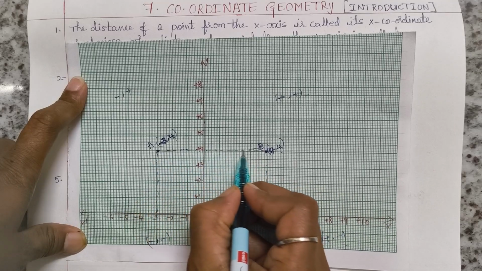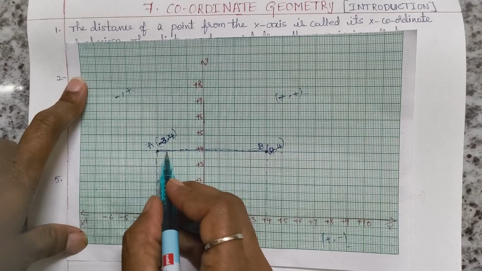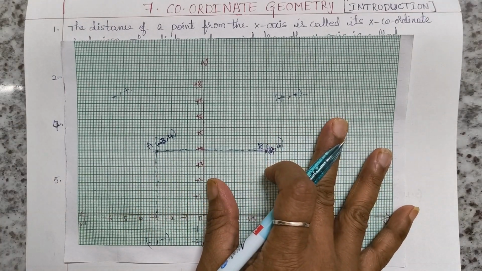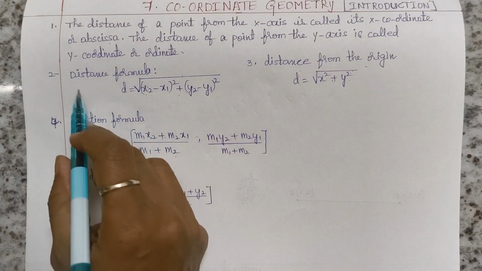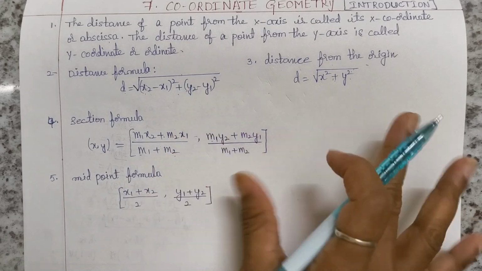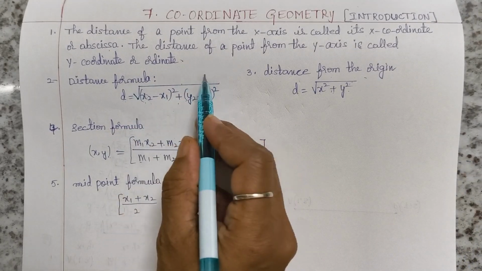So now we will find the distance from coordinate A to coordinate B. How the distance is found, we will learn in the first exercise. This finding of distance between two points is called the distance formula. The distance formula is D equals square root of (x2 minus x1) whole square plus (y2 minus y1) whole square. Keep this in your mind.